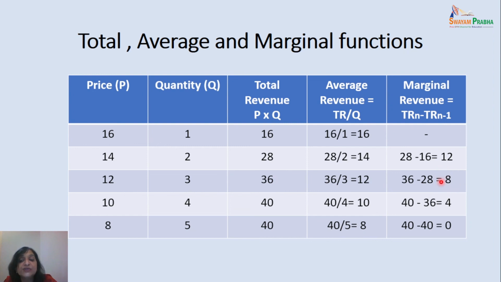So my extra revenue by selling 1 extra third unit is 8. Similarly, we are doing it for the 4th unit and the 5th unit. So marginal is basically measuring the change in the total revenue because one extra variable, or your independent variable input function, is changing. So that is all in your total, average and marginal functions.